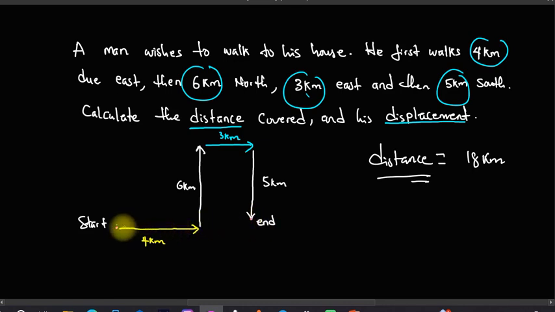So I'm going to draw a broken line to show that straight line. Instead of walking this long journey, this man could have easily just walked straight ahead and gotten to his house, and that's exactly what we have to calculate for displacement. The distance covered in a straight line, the shortest distance, is what we refer to as displacement.